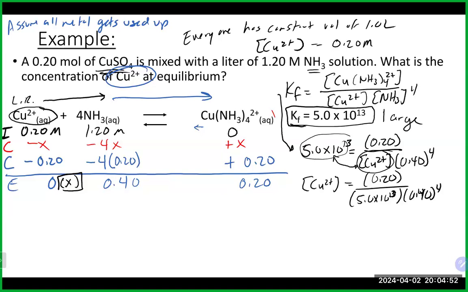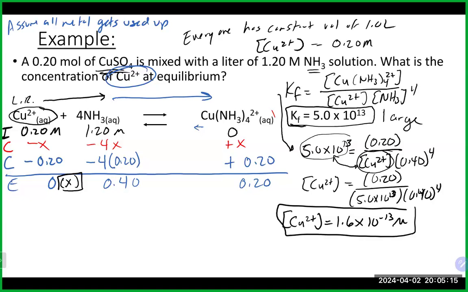That's going to give us now 0.2 divided by 5 times 10 to the 13 times 0.4 to the 4th. Going to give us a 1.6 times 10 to the minus 13 molar as the free copper 2 concentration moving around in that solution.